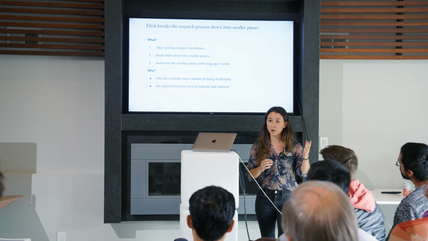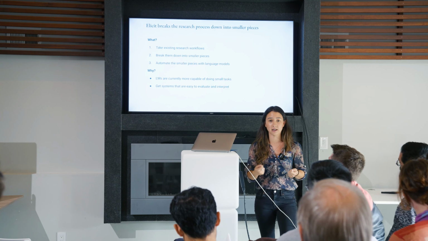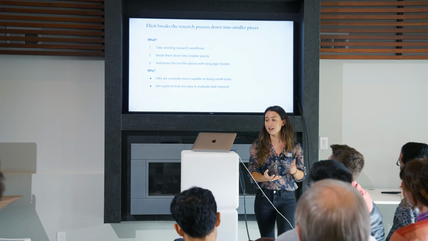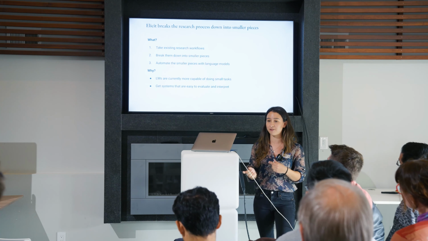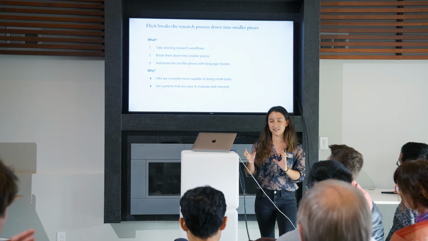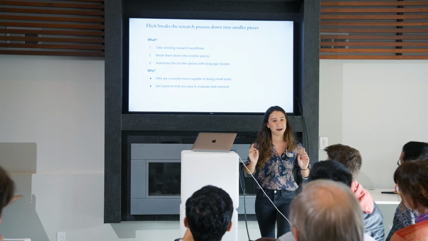And second, with this approach, by having the reasoning process, we get systems that are easy to evaluate and interpret. When you get an answer, you can go back and check, did we trust the reasoning process? If something goes wrong in the answer, you can figure out where it happened. There are also a lot of other reasons why we think this will lead to much more aligned systems, which I couldn't fit into a bullet point, but I'm happy to chat about.